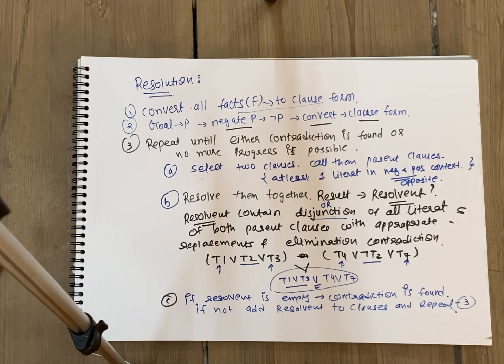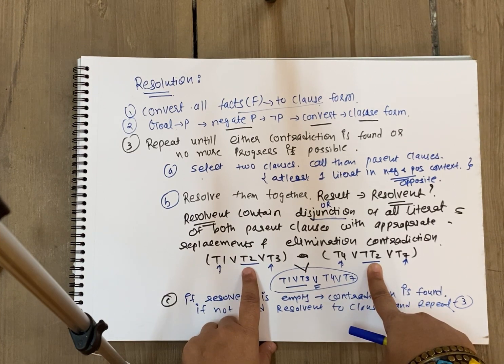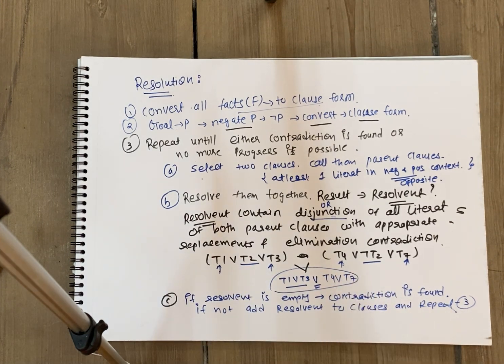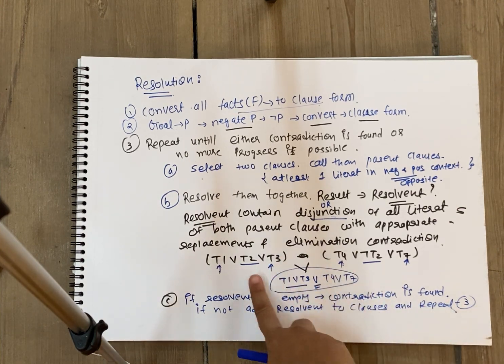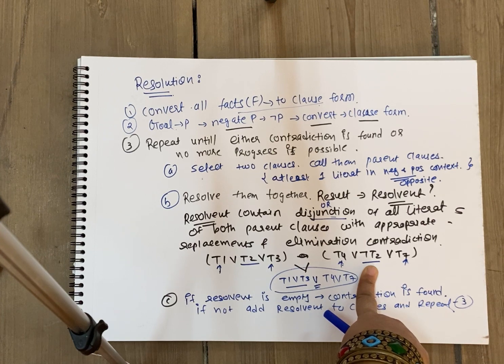Only resolve pairs of clauses which contain complementary literals. What are complementary literals? The literals which are present in both of the parent clauses in the opposite context are called complementary literals. So only the pairs of clauses that have complementary literals are selected, and they are going to be considered as parent clauses. Eliminate certain clauses as soon as they are generated.